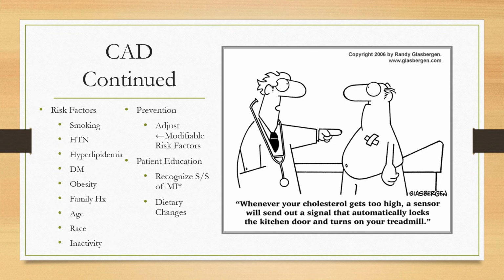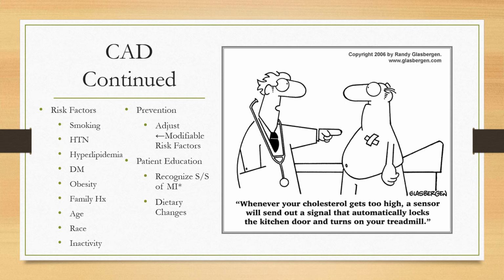Family history and your genetics is definitely a risk factor, okay? Your age, so the older we get, the more chance that we've developed more coronary artery disease. Race can be an issue, and inactivity. Okay, so a sedentary lifestyle where the coronary arteries don't receive lots of blood flow during exercise, that can lead to atherosclerosis in many of the arterial beds, not just the coronary arteries, but others as well.